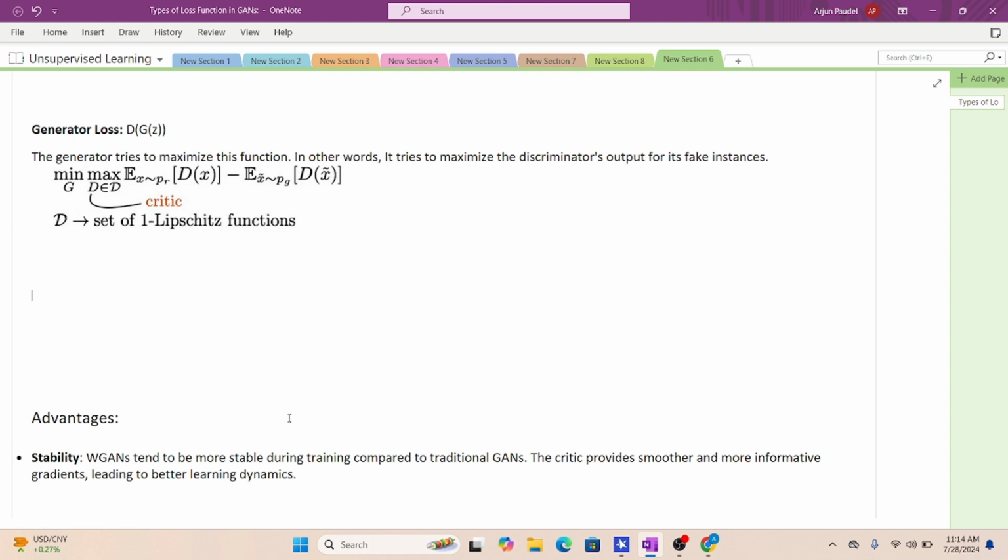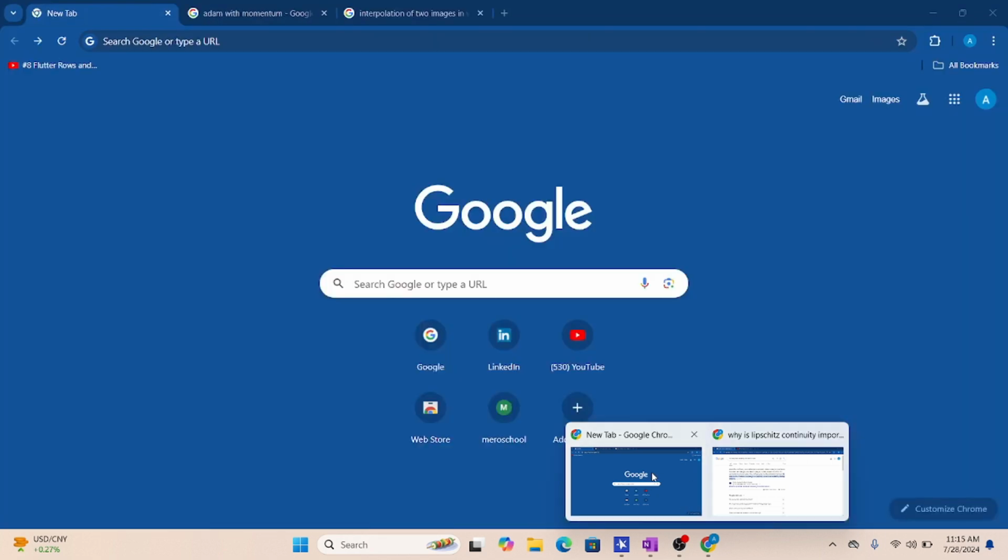The weights of the discriminator can only have values within this bound, so that we impose this set of one-Lipschitz functions. If the discriminator becomes a set of one-Lipschitz functions, it helps the generator with better gradients. I also want to show you something.